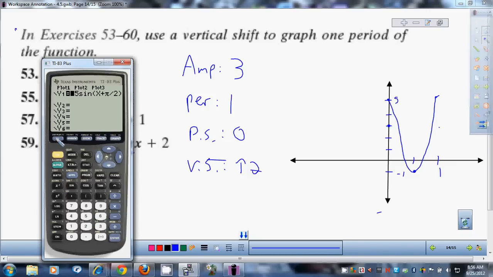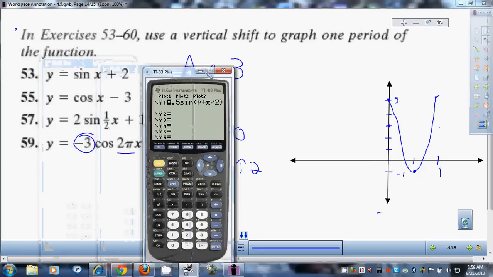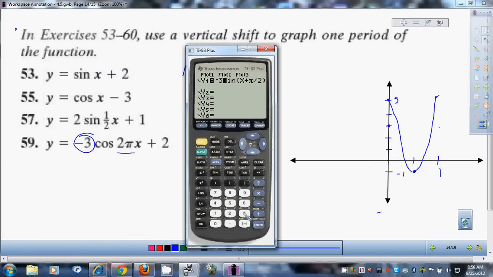And my actual graph was negative 3 cosine 2 pi x plus 2. Did I punch that in? Oh, dang, you're right. It naturally does parentheses. Thank you for catching that.